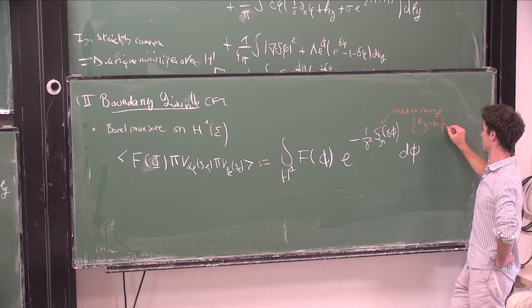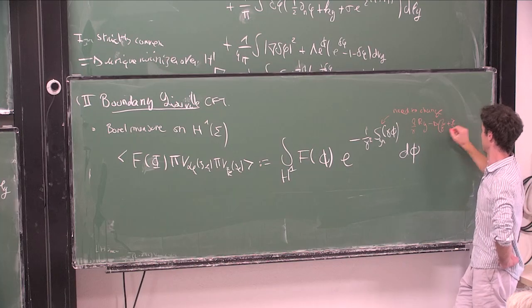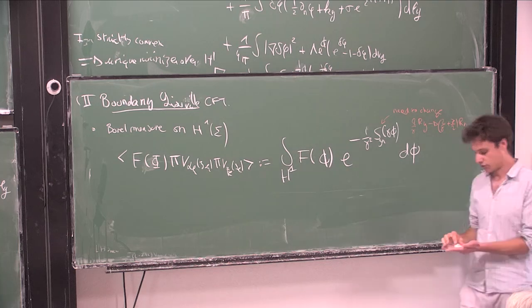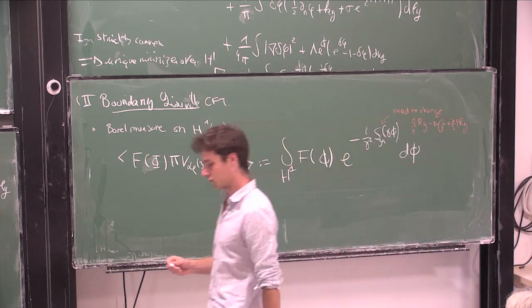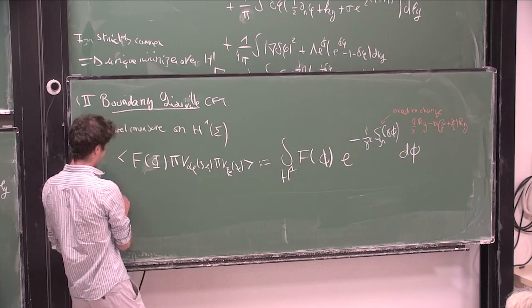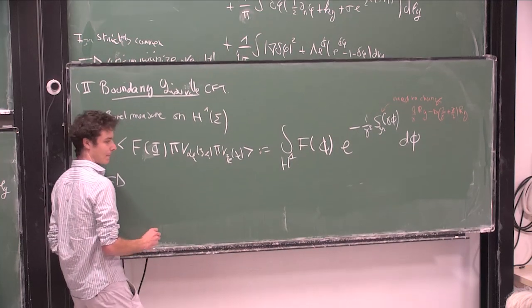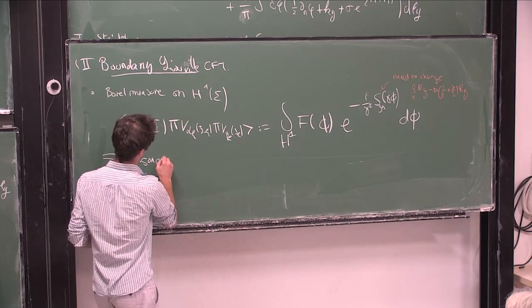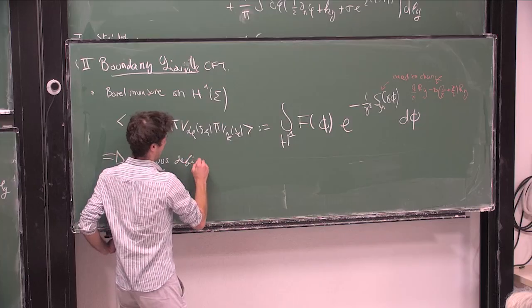You need to change it into 2 over gamma plus gamma over 2 times R g. And the same for the geodesic boundary. And so this gives you a path integral definition of boundary Liouville. Of course, if you want to define it properly, a rigorous definition is made using the probabilistic approach.